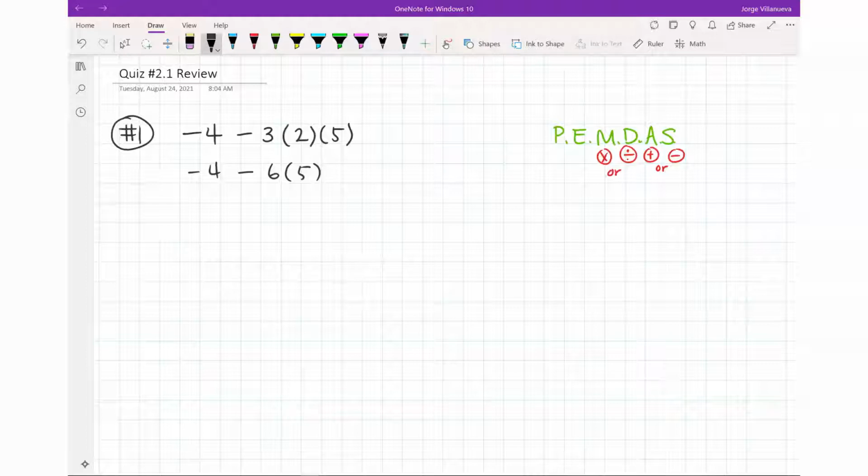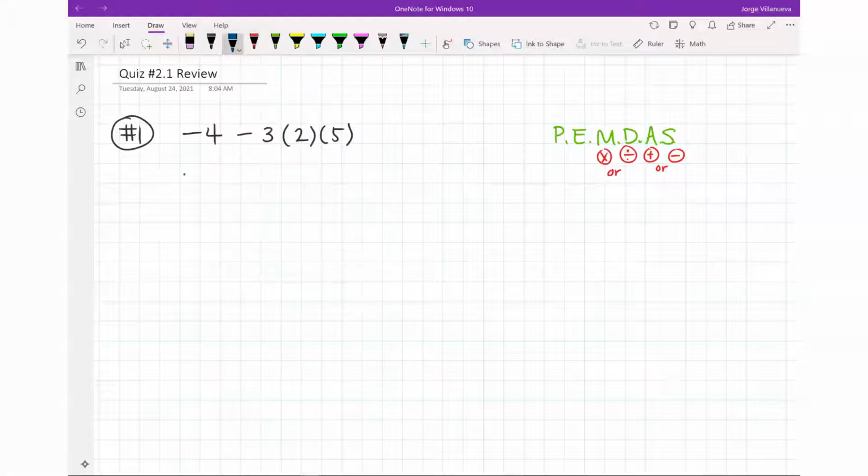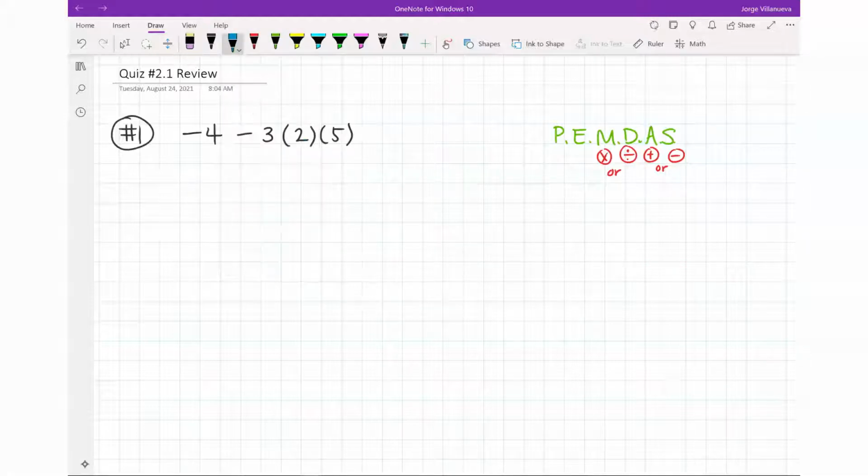Actually, let me rewrite this. Don't erase your stuff, okay? I usually like rewriting things in different colors. A little too dark. Give me a second. That way you can see the original problem versus the work I did.